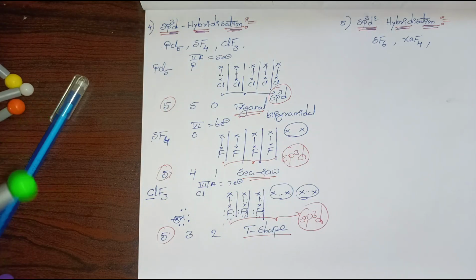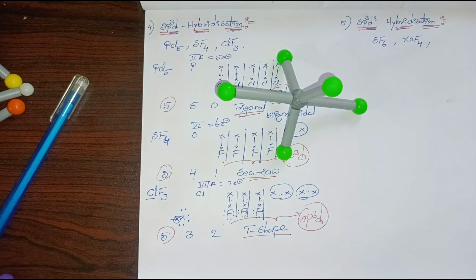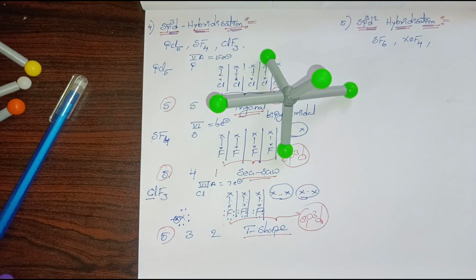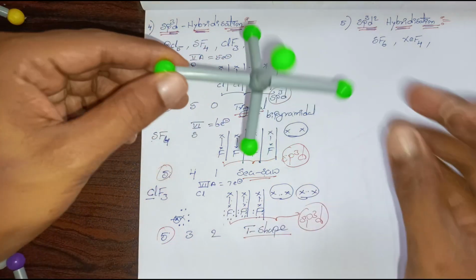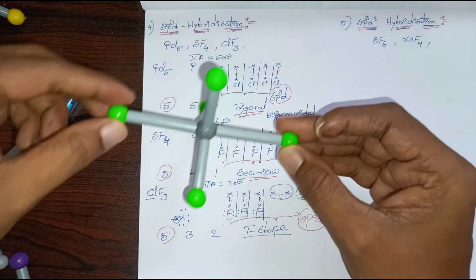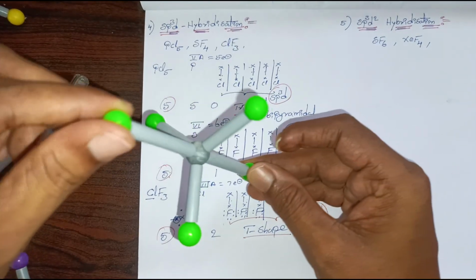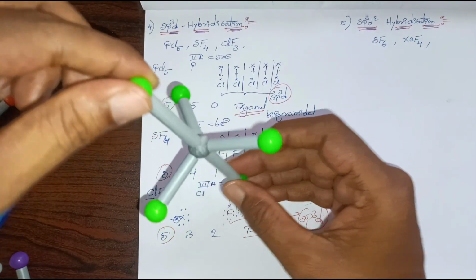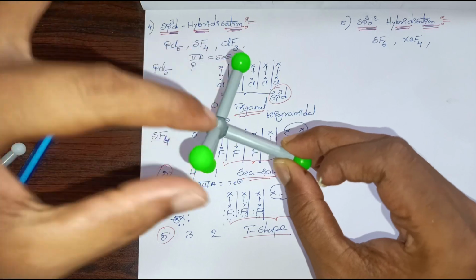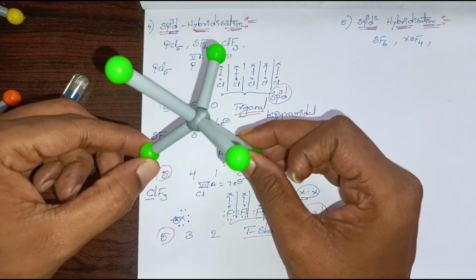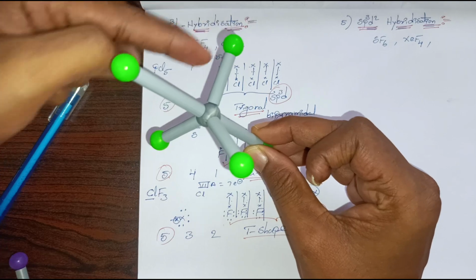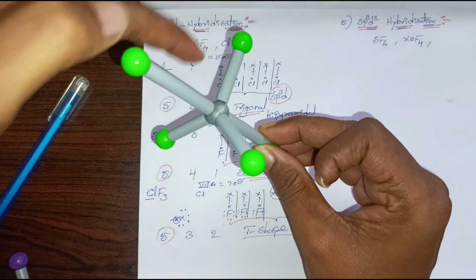Now look at the structures of these molecules: PCl5, ClF3 and SF4. This is PCl5, trigonal bipyramidal. These three chlorines look like a trigonal planar arrangement.